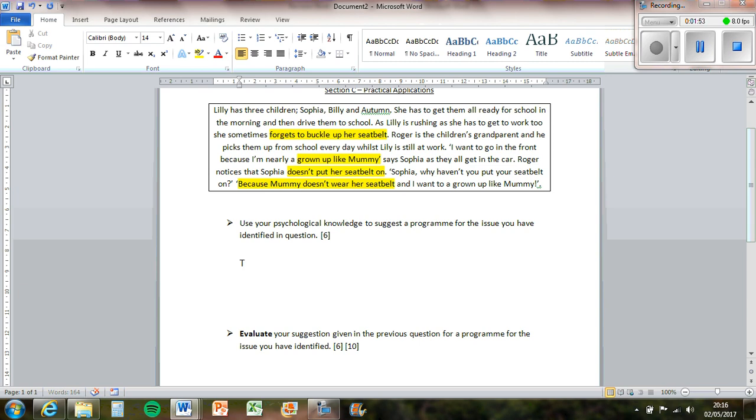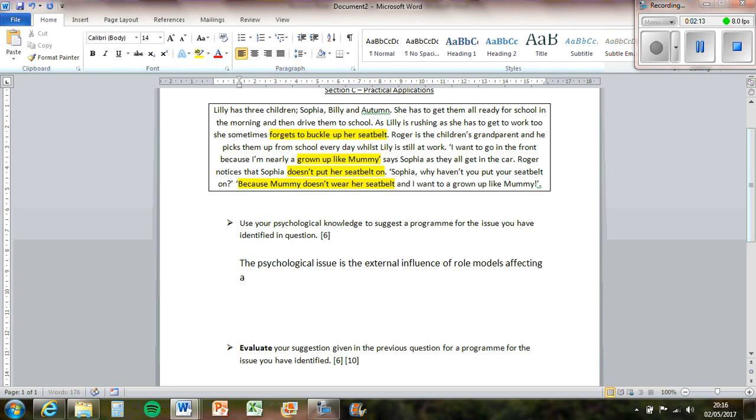So you might want to start off the answer to the question with something like: the psychological issue is the external influence of role models affecting a child's behaviour.